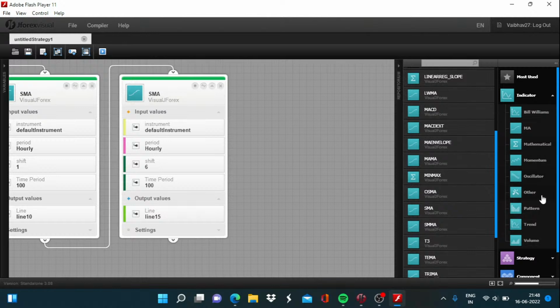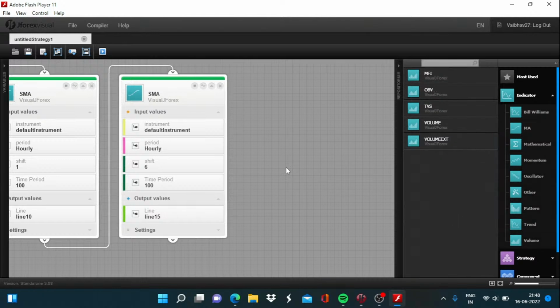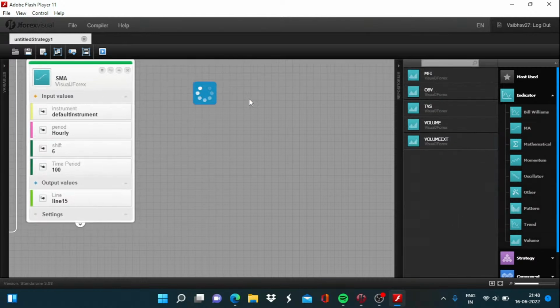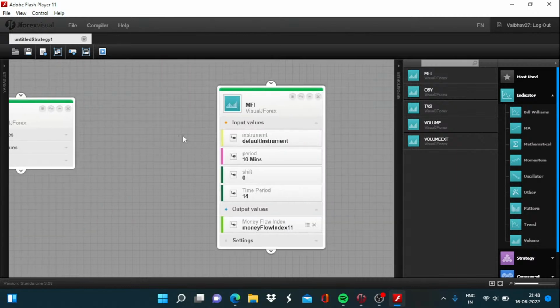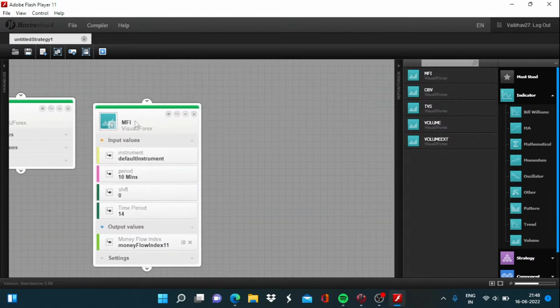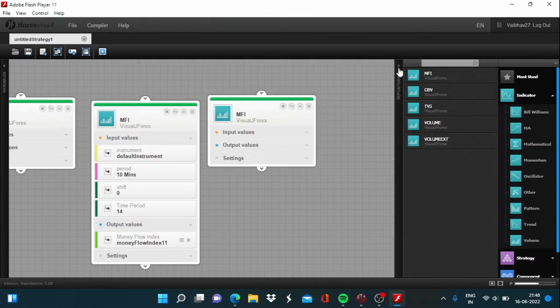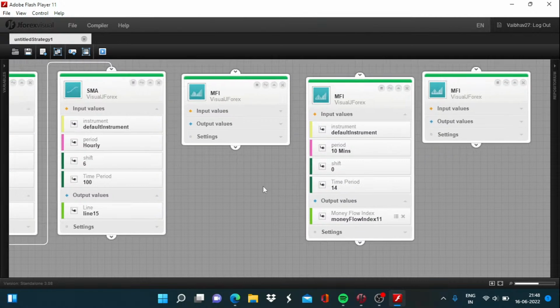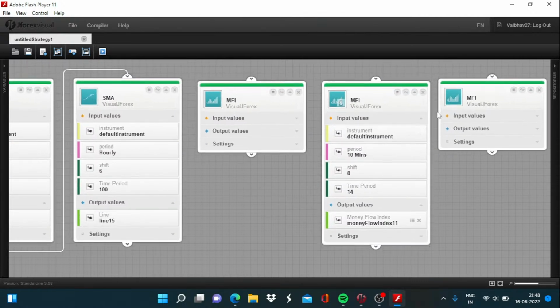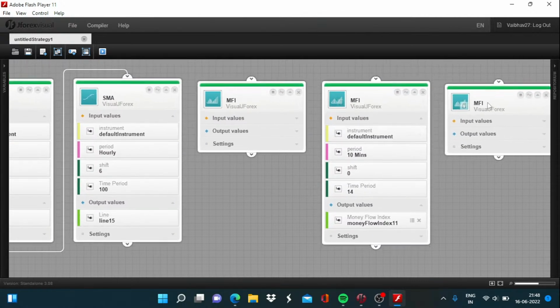Now we go for the volume indicator MFI, and here we will take 3 MFI indicator blocks as we need the MFI to have spent some time in the overbought or oversold territory.